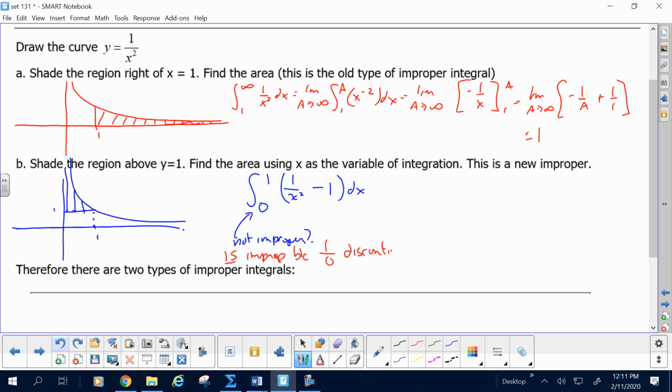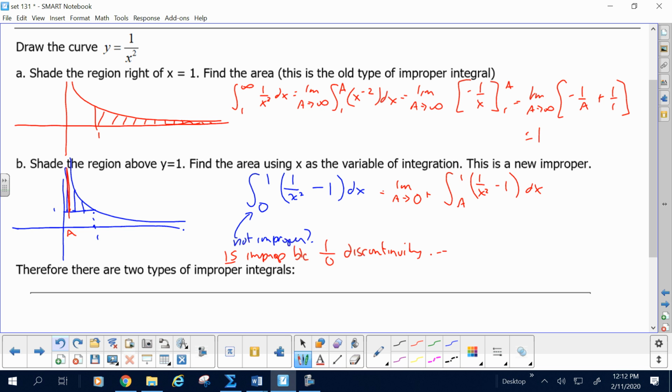That function is not continuous over that interval. And so to do this properly, you would have to create this kind of edge, A, and let A go to 0 from the right, or above, if you like. What are the bounds then? From A to 1.